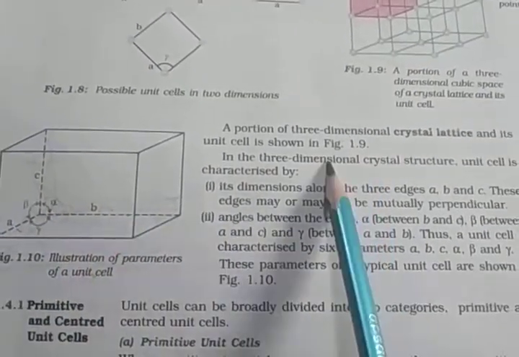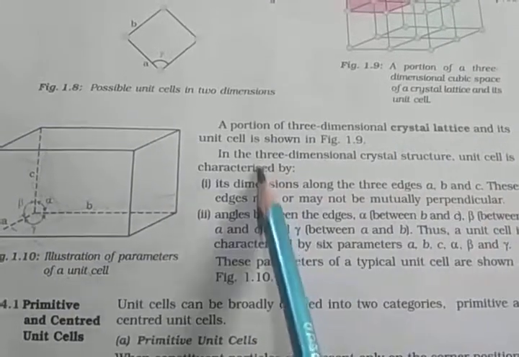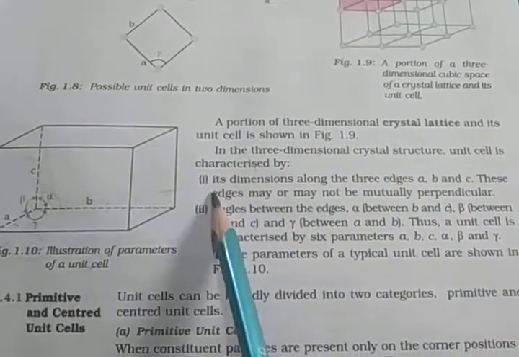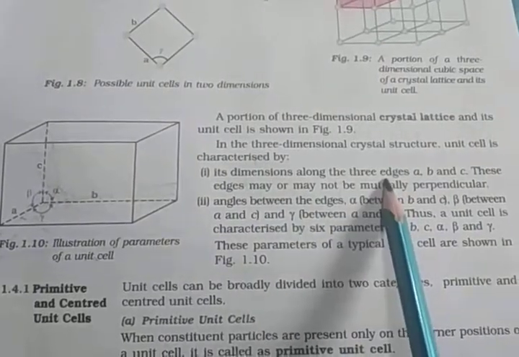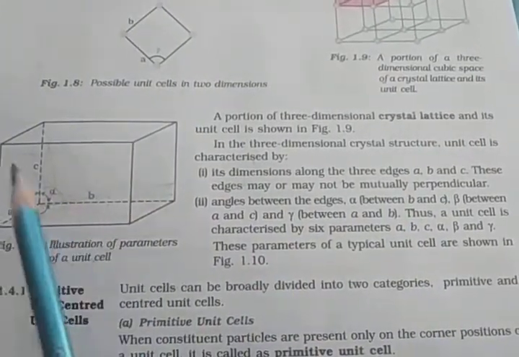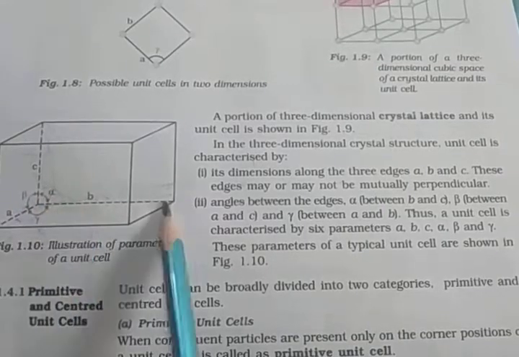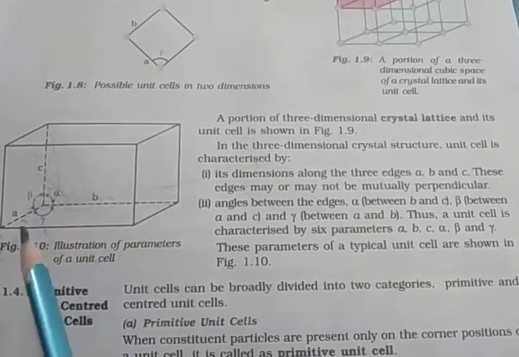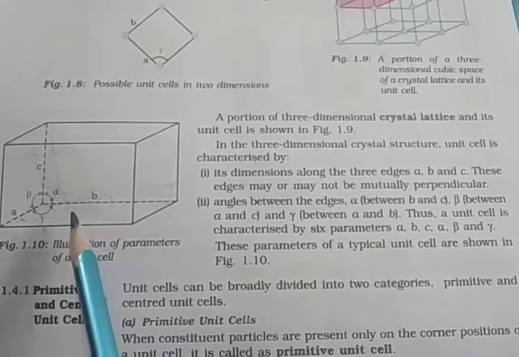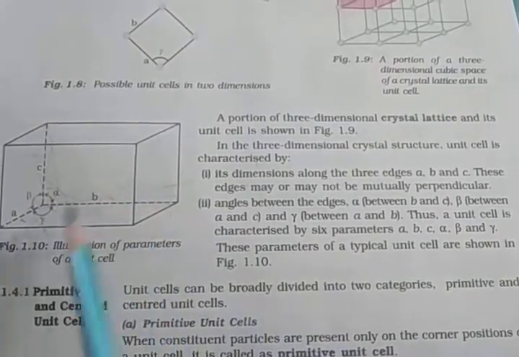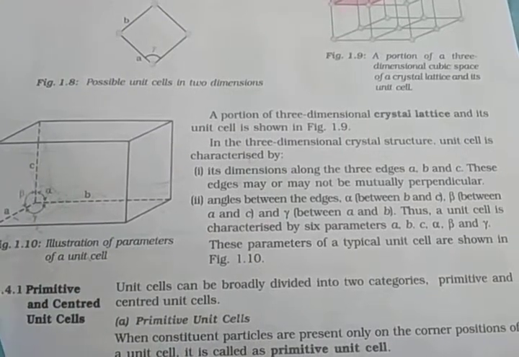Okay, so a 3D crystal structure unit cell is characterized by, first, its dimensions along the 3 edges a, b, c, and these edges may or may not be mutually perpendicular. Clear?